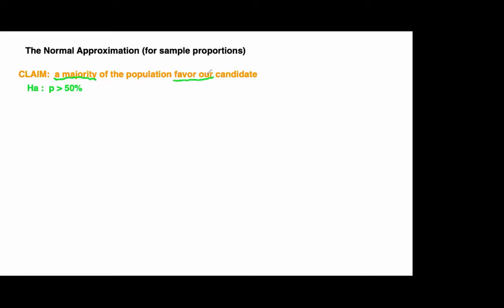So that's how we would capture that idea. The null hypothesis then is just the exact opposite of that: the proportion is less than or equal to 50%. All right, so far so good, yes?